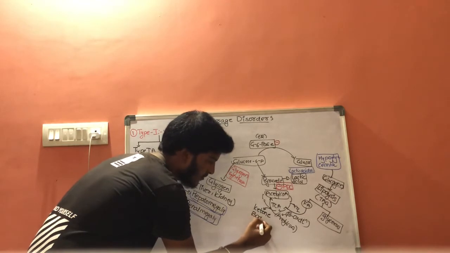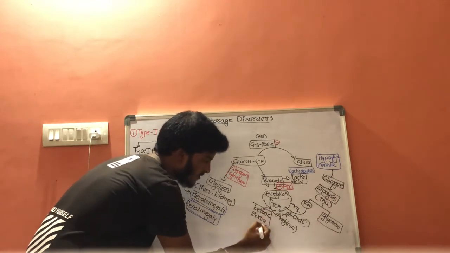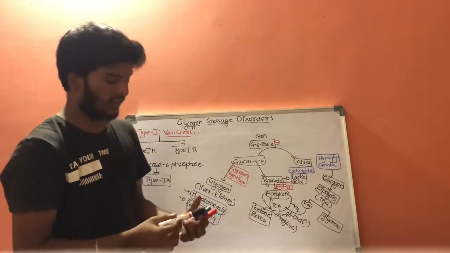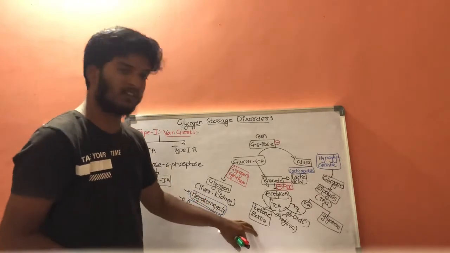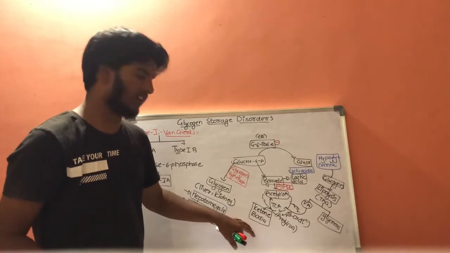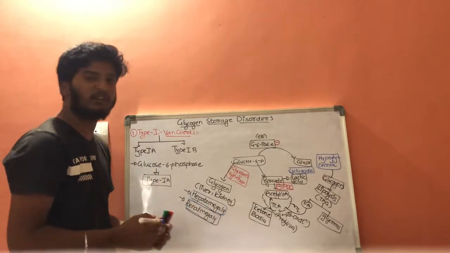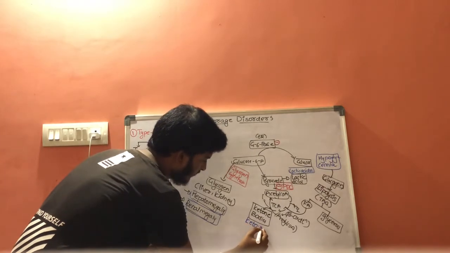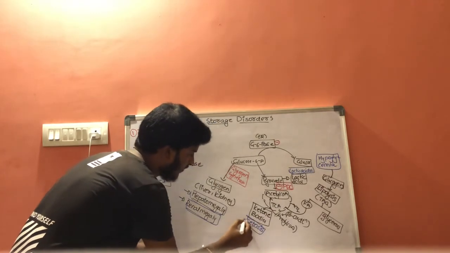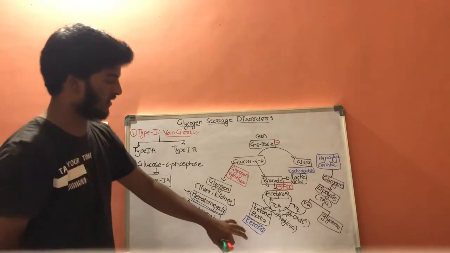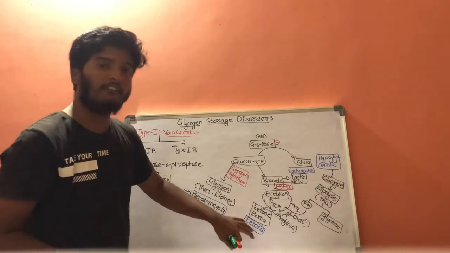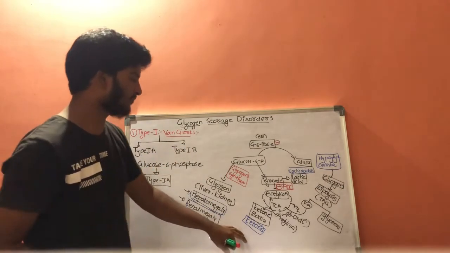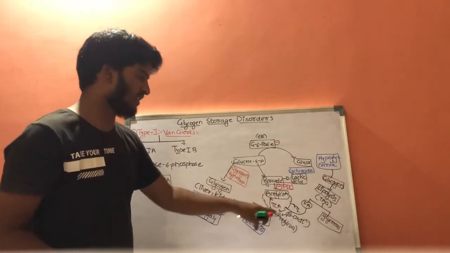Whenever the ketone bodies are liberated into the blood, it results in ketosis. And this is one of the symptoms of Von Gierke's type 1 disease.